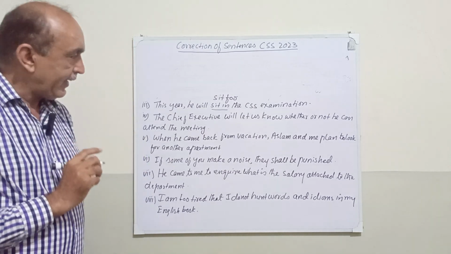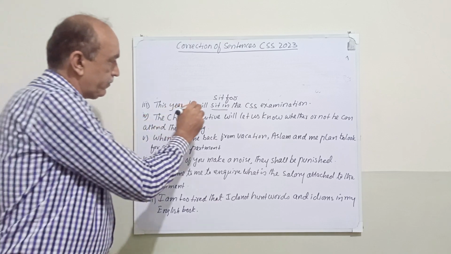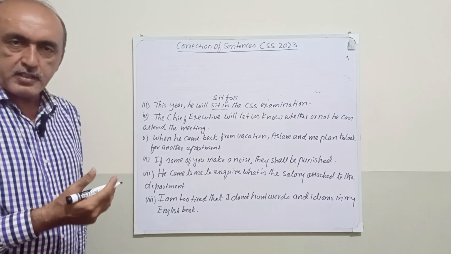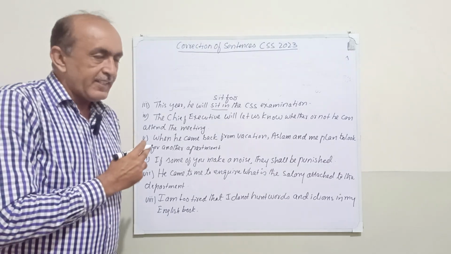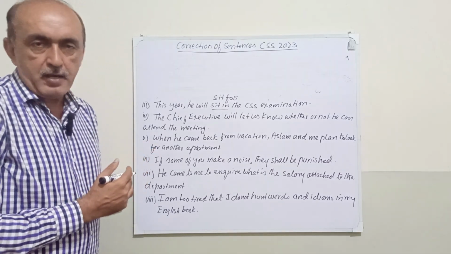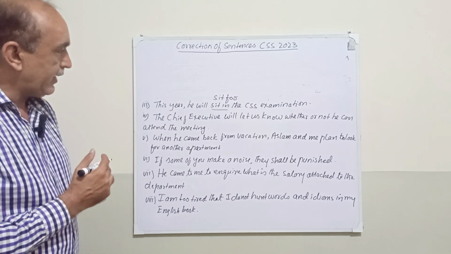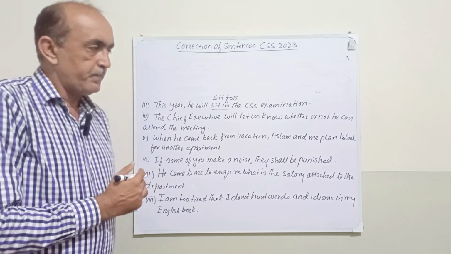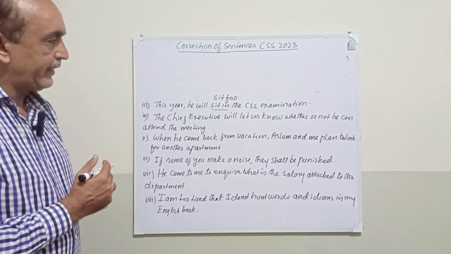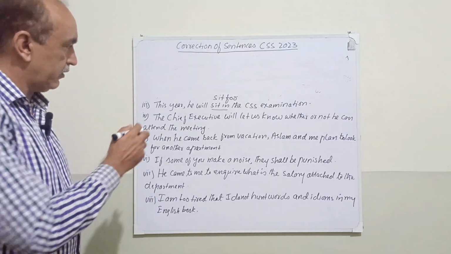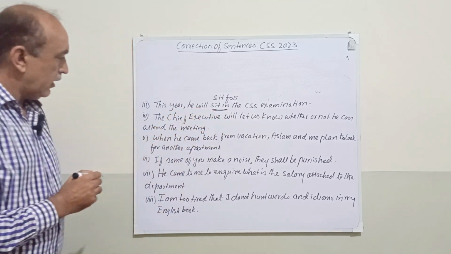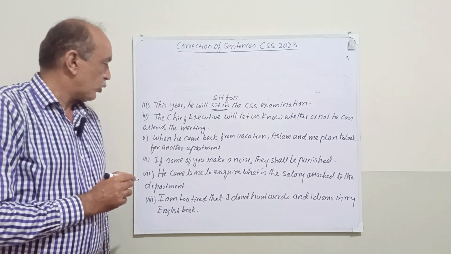Sit in means they will go for the sitting, but sit for means appear in the examination. This year he will sit for the CSS examination, not sit in the CSS examination. Here the mistake lies.